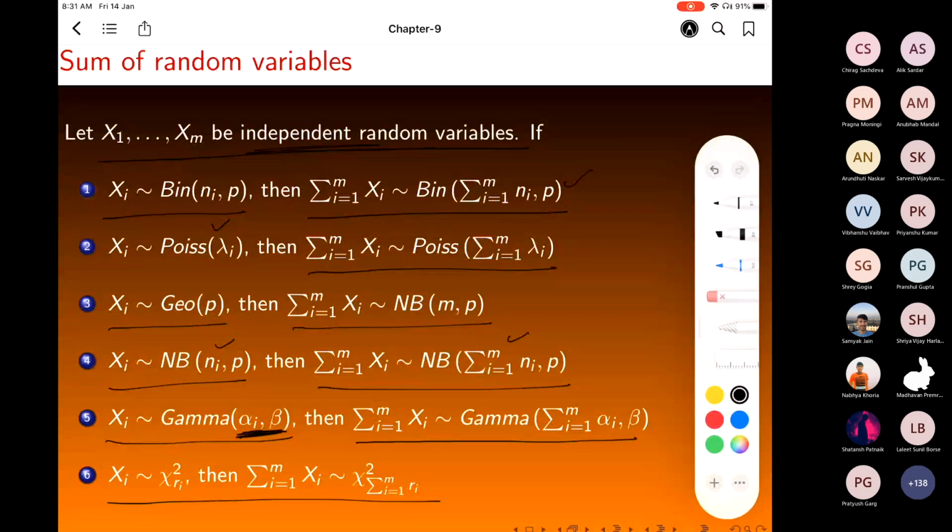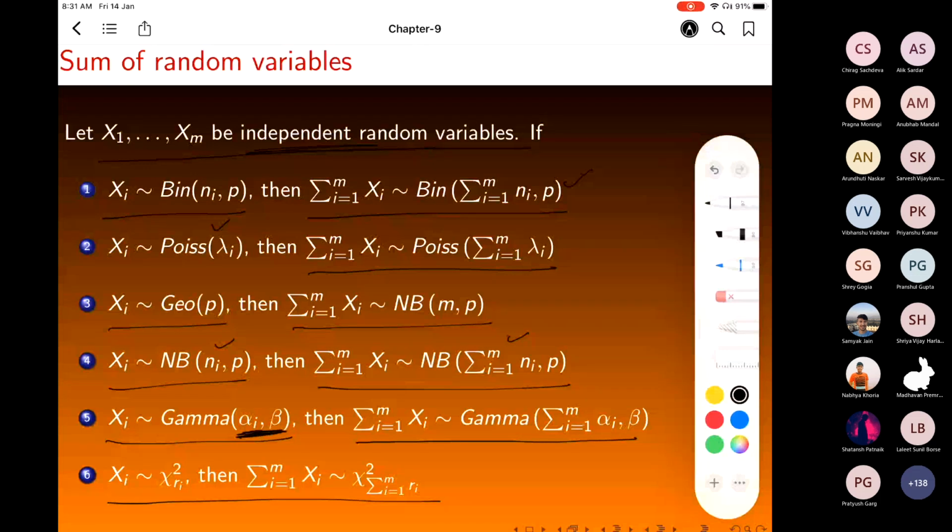So just a notation here. In some books, notations are given as alpha i comma lambda, in some by alpha and beta, and beta is 1 by lambda basically, the inverse of the rate. It basically depends on how you are writing the density.